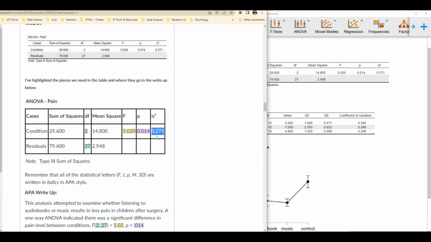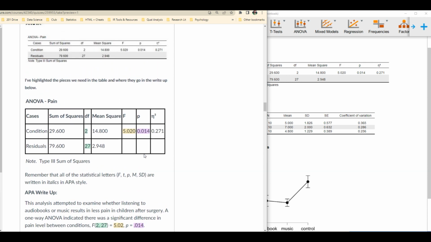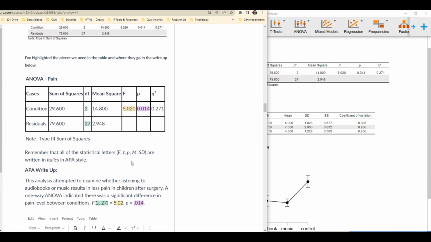But I'm not requiring it as part of your write-up in this class, which is why I haven't necessarily included it here. Okay? But it is best practice to include it. So keep in mind, we will be putting each of these statistical letters in italics to represent that they are statistical concepts, that they represent a statistical concept or value. F, t, p, M for mean, SD for standard deviation.